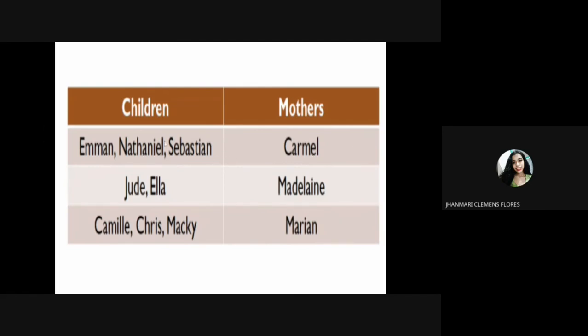So these are hers, if we represent it as an ordered pair. But as a table, it should be like this. Then we got Jude to Madeline. Then we got Ella to Madeline, as an ordered pair. But as a table, it's represented this way. So again, the domain is the mothers, and the range are the children.